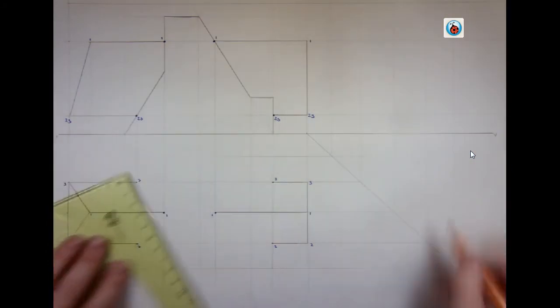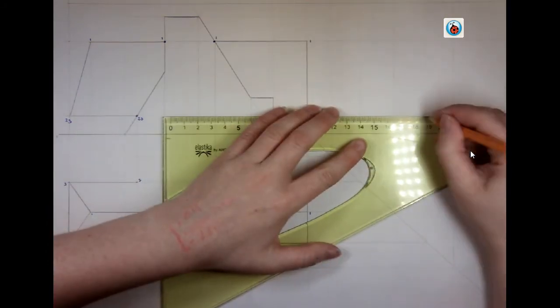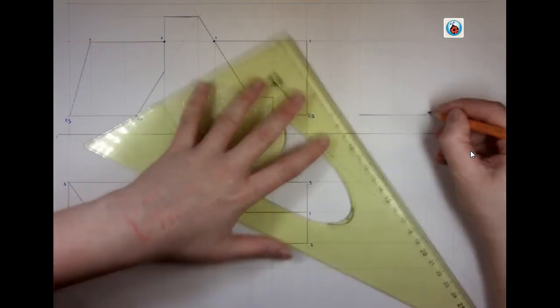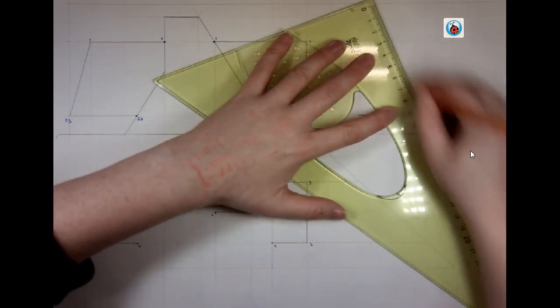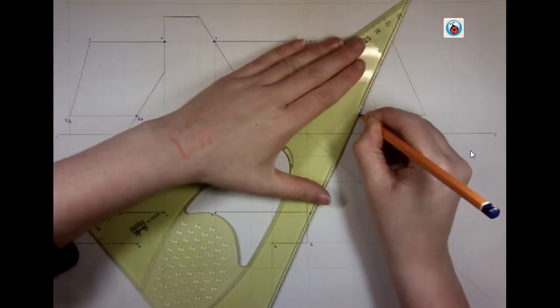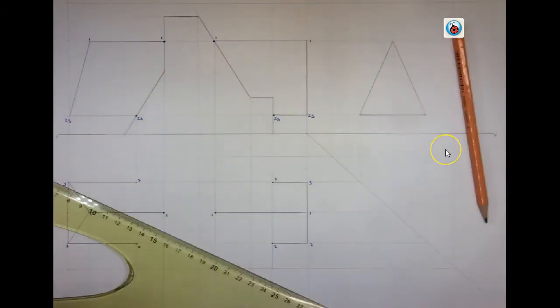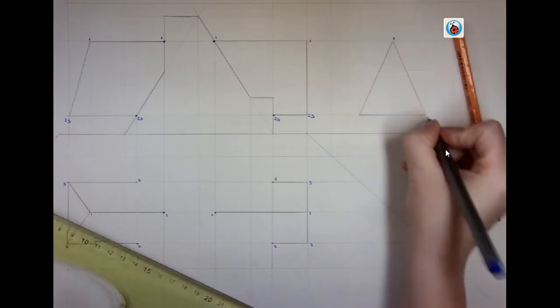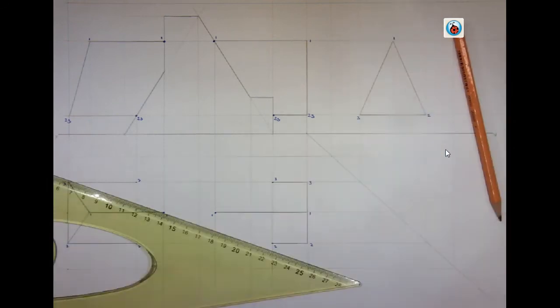Draw my triangle. So there's point 1, 2, and 3. And get my shape.